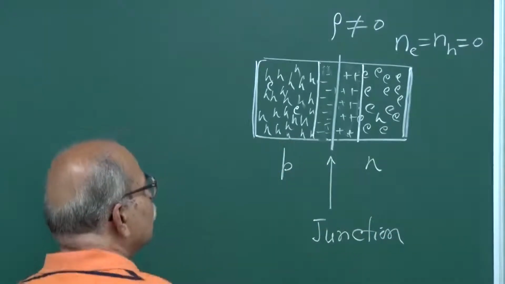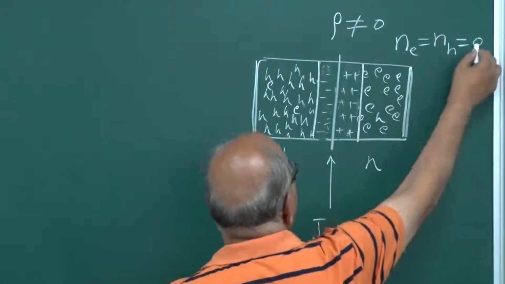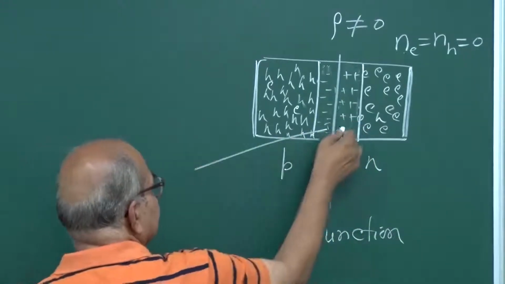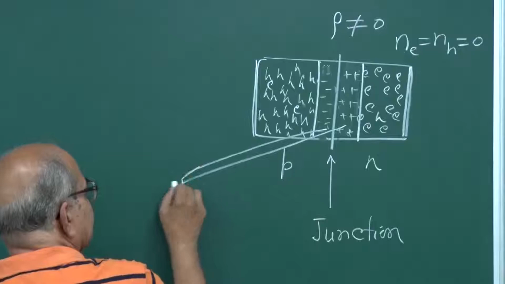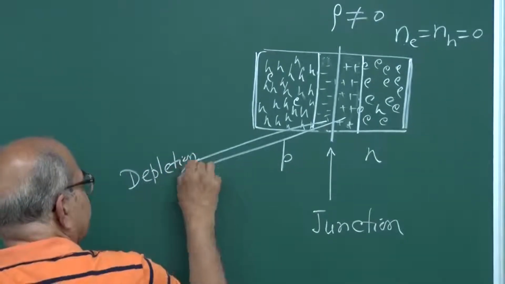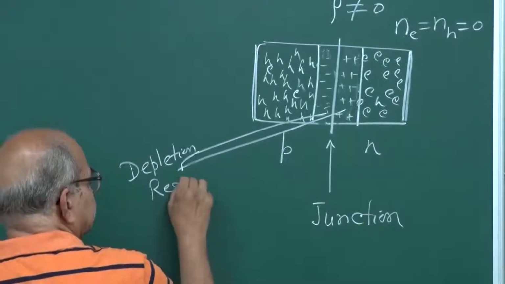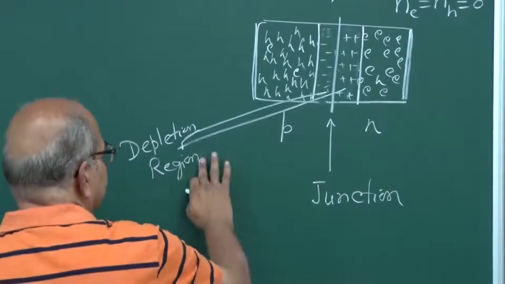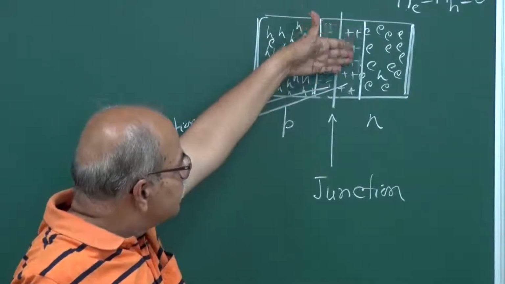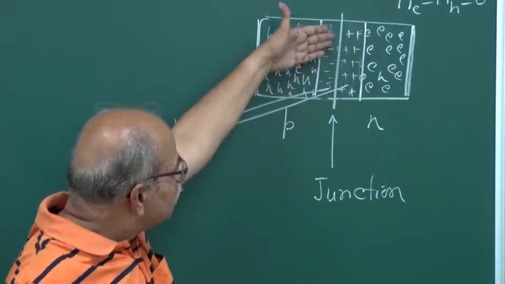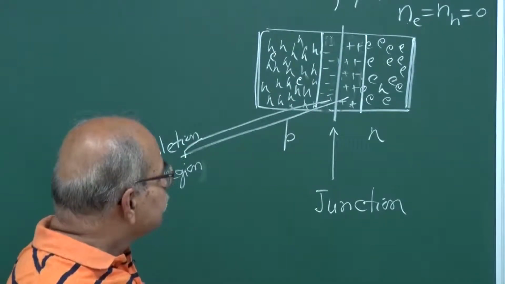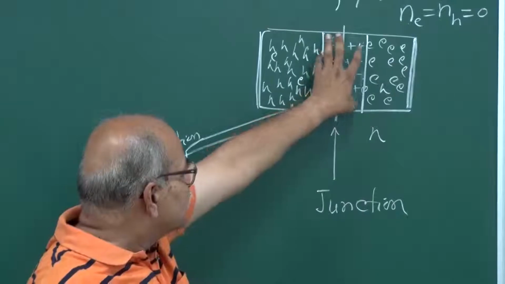This whole region where you do not have charge carriers is known as the depletion region. These holes have gone here to neutralize these electrons, or the electrons have come here to neutralize these holes, and therefore the charge carriers are not there.